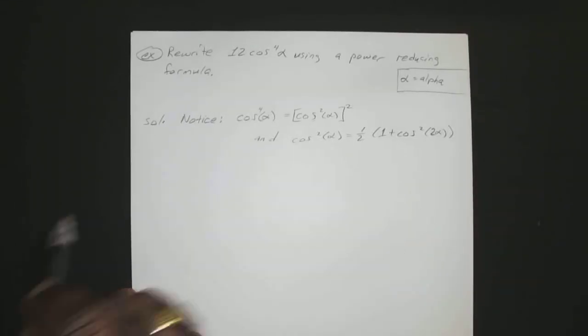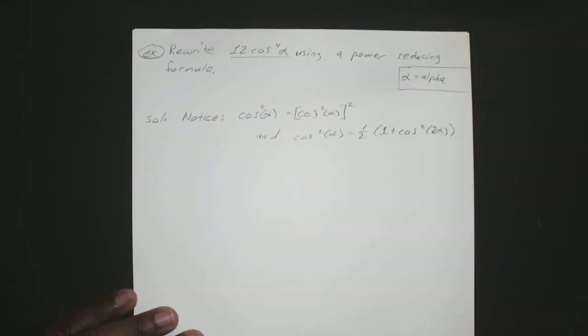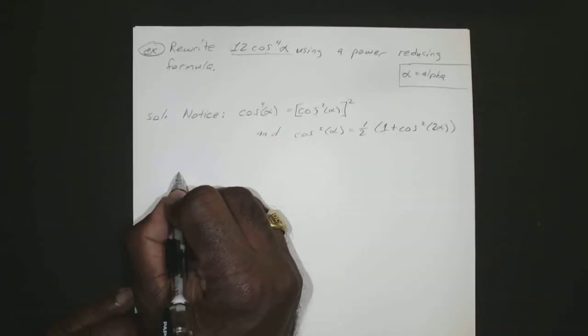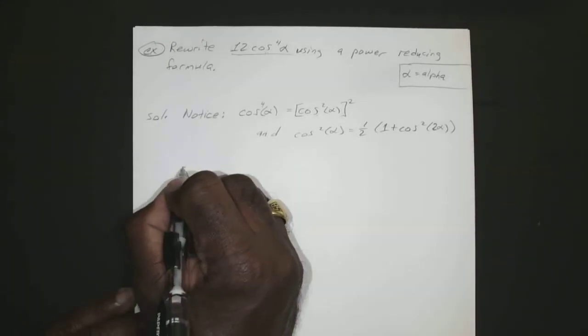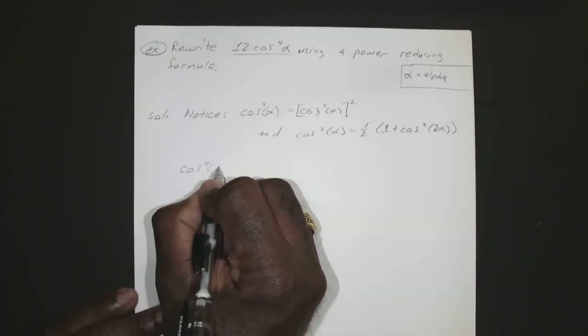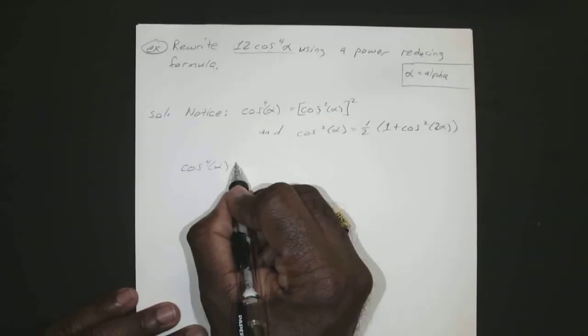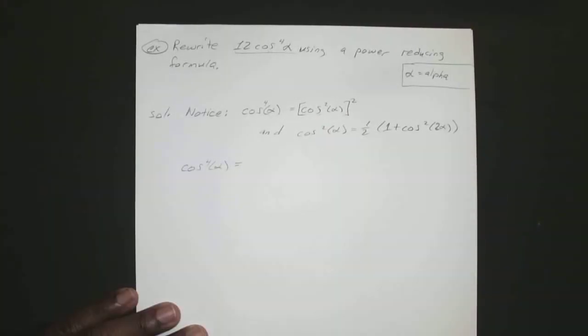Okay, so now that we notice this, we can get our cosine 4 of x. We can worry about the 12 later. But right now, let's get our cosine 4 of x, or 4 of alpha. Okay, so cosine 4 of alpha, remember, we already know that's cosine squared squared.